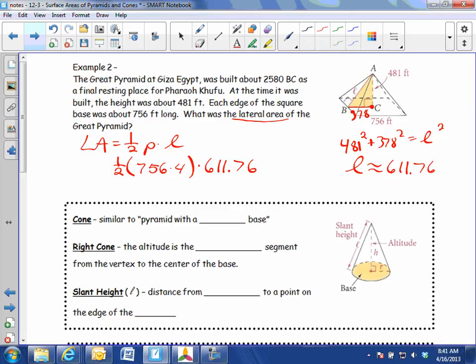So then you just plug everything in your calculator. So this is how much limestone it would take to cover the outside. Oh, yep, you're right. Thank you. For this area.